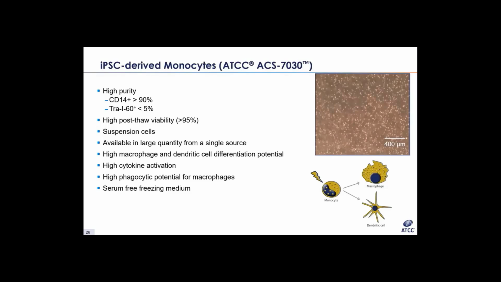They can also be used for anti-cancer vaccine development. As the lower panel alludes, ATCC-derived monocytes show high macrophage and dendritic cell differentiation, along with high cytokine activation and a high phagocytic potential for macrophages. I'll be showing you that over the next couple of slides.